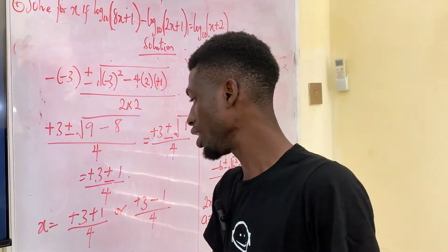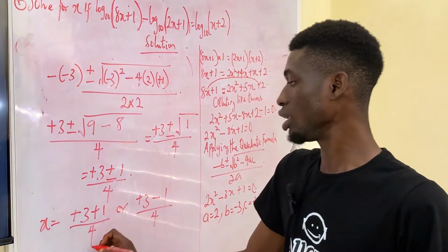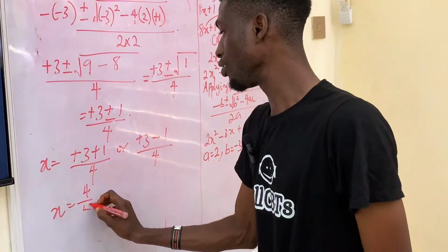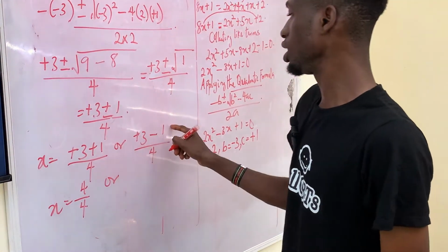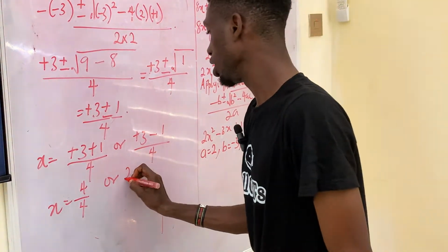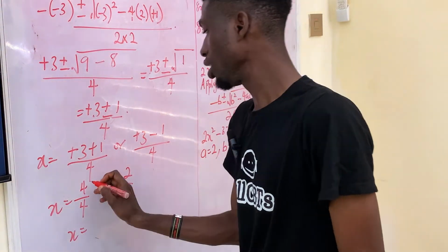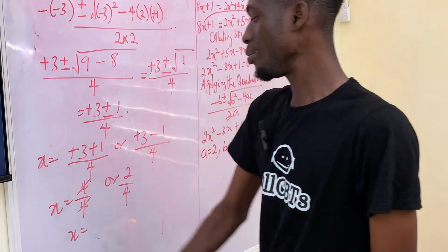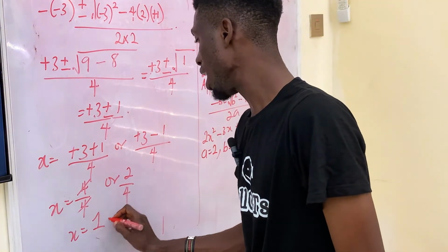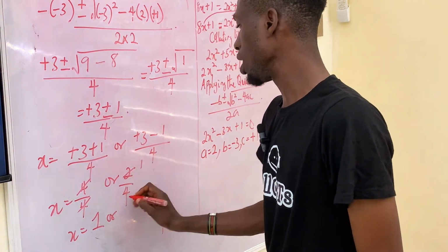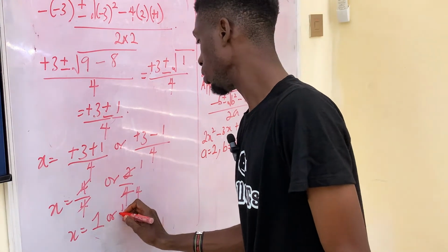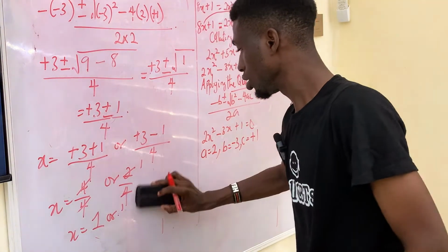So like I said, our final answer, +3 plus 1 will give me 4/4, or +3 minus 1 is going to give me 2 all on 4. So my x will be 4 divided by 4 is going to give me 1, or 2 here 1, 2 here 4, 2 here 2.